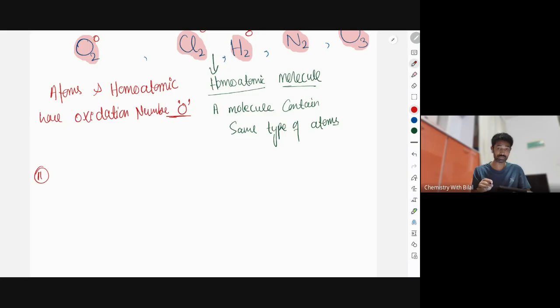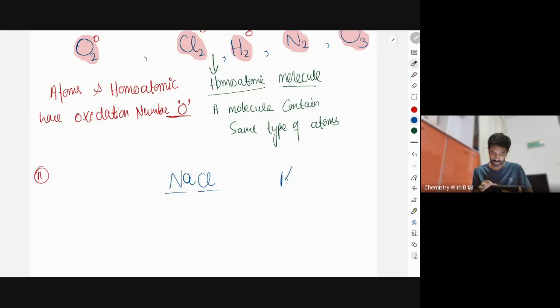According to rule 2, we have some examples in which you have different atoms, like this compound. For such substances, what is the charge on the sodium and on the chlorine?